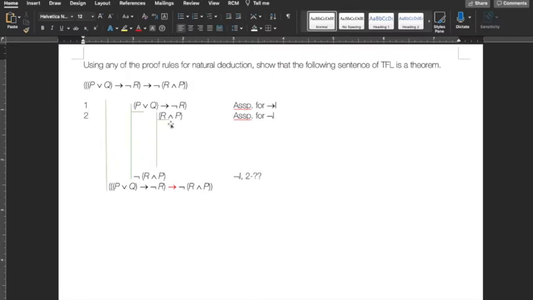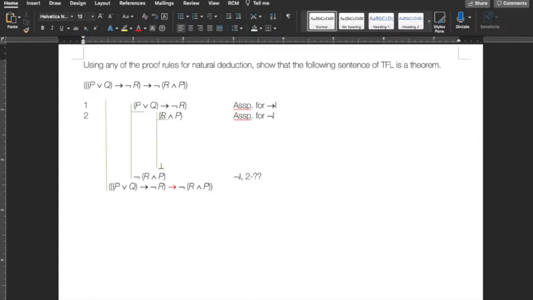So here's the non-negated sentence, R and P, and we're trying to get not R and P eventually by getting a contradiction at this line. And that will allow us to introduce not R and P by indirect proof, lines 2 to whatever this one with the contradiction is.